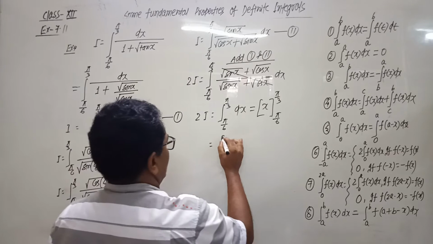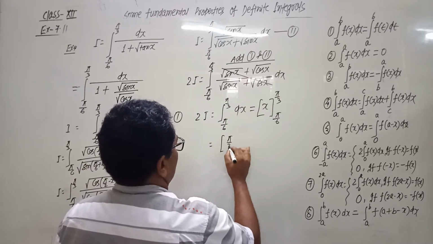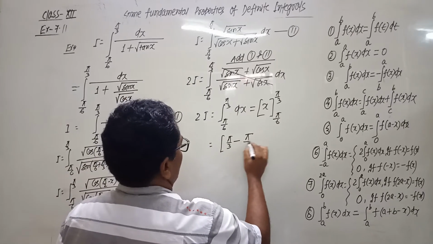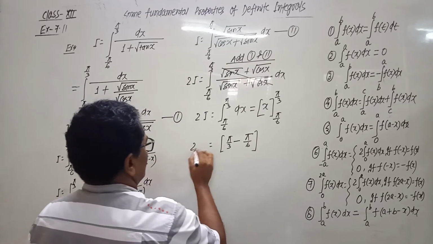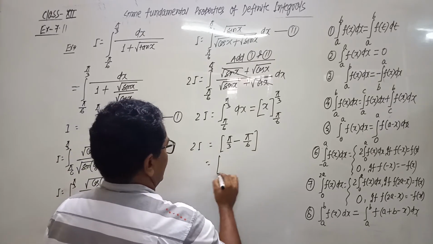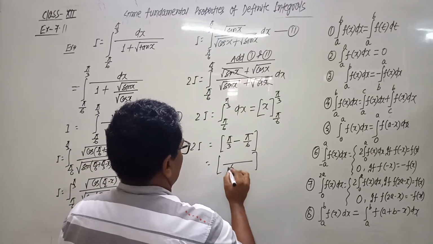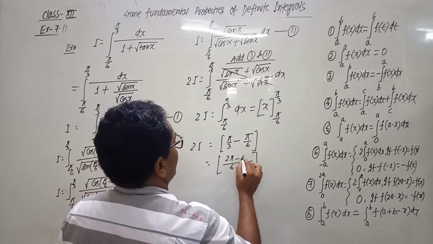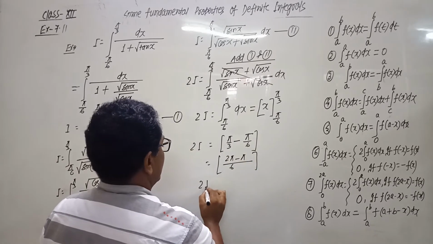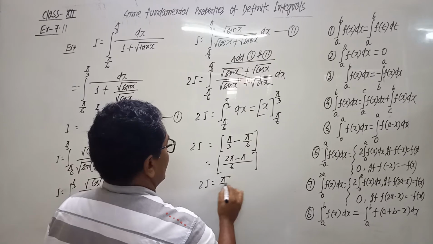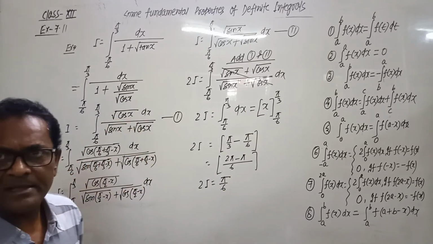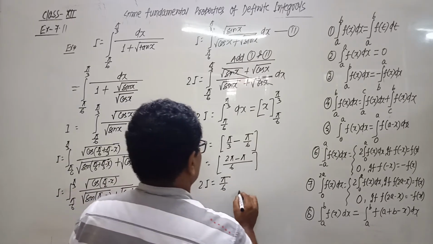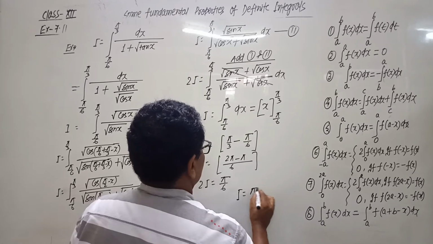So put the limit: upper limit pi by 3 minus lower limit pi by 6. This is 2I. Taking LCM 6 we get 2 pi minus pi by 6. So 2I equals pi by 6 and I becomes pi by 12.